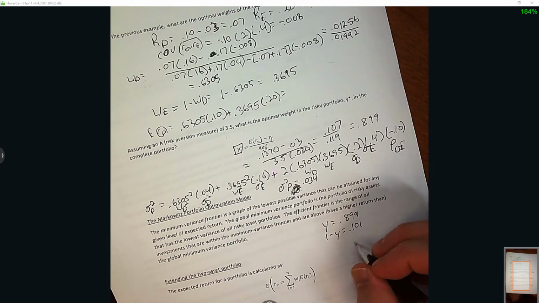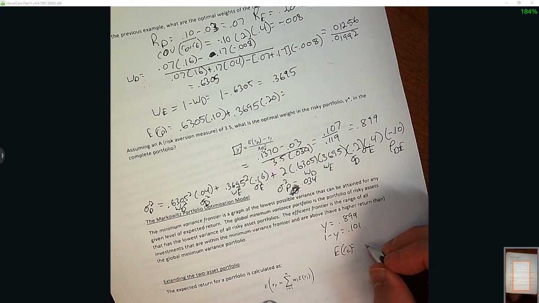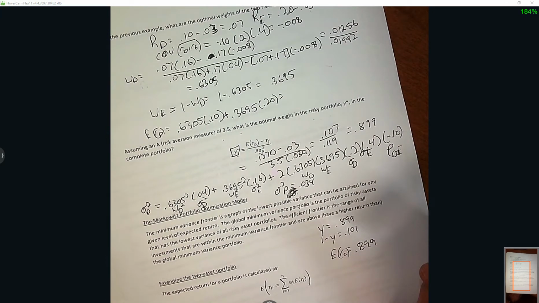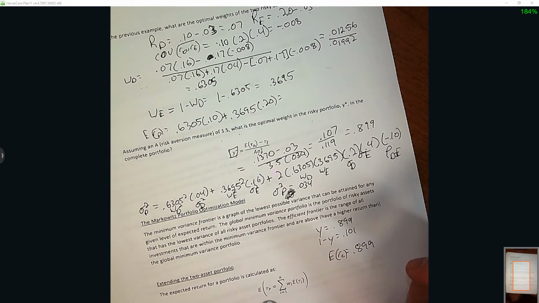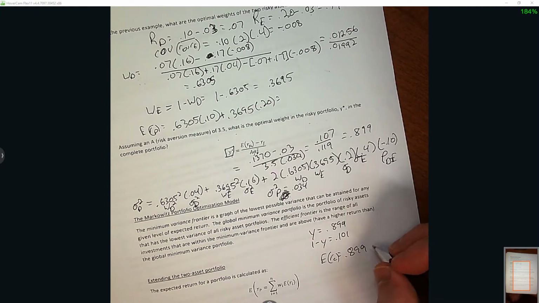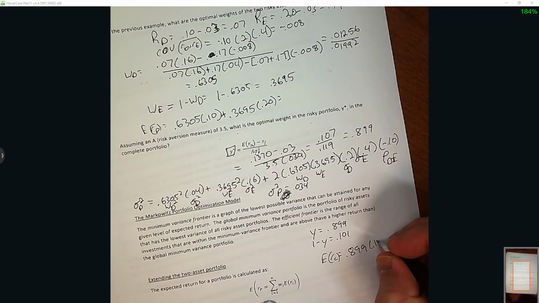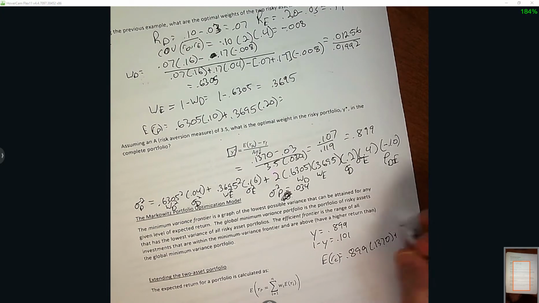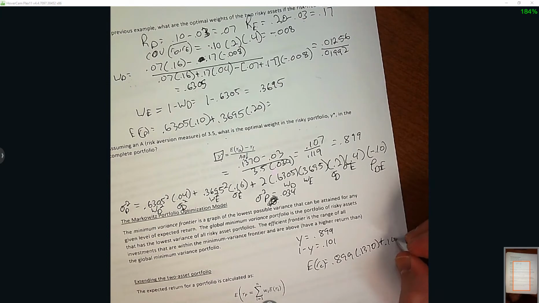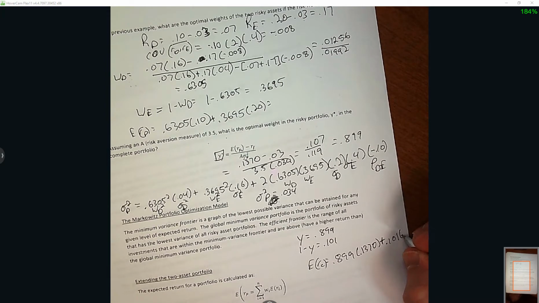So the expected return on our complete portfolio is equal to 0.899 multiplied by the expected return for our portfolio here, which is 0.1370, plus the weight that we put in the risk-free asset of 10.1% multiplied by that return.